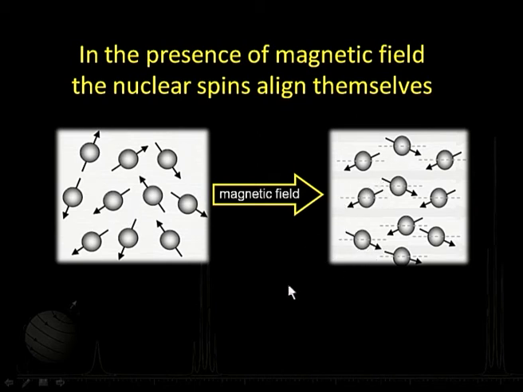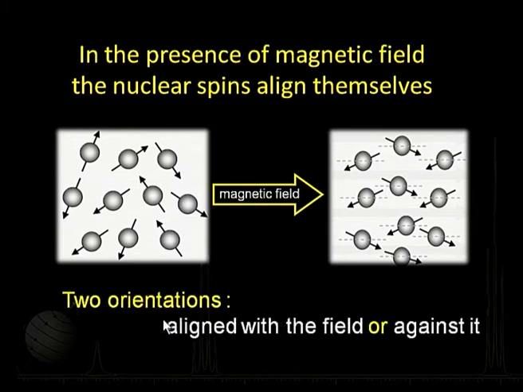So there are only two possibilities now. In the absence of a field, all orientations were possible. The moment you apply a magnetic field, only two possibilities remain. These two orientations, aligned with the field or against the field, are the only two possibilities. So we say the spin magnetic moments are quantized in a way. We will build more on this.